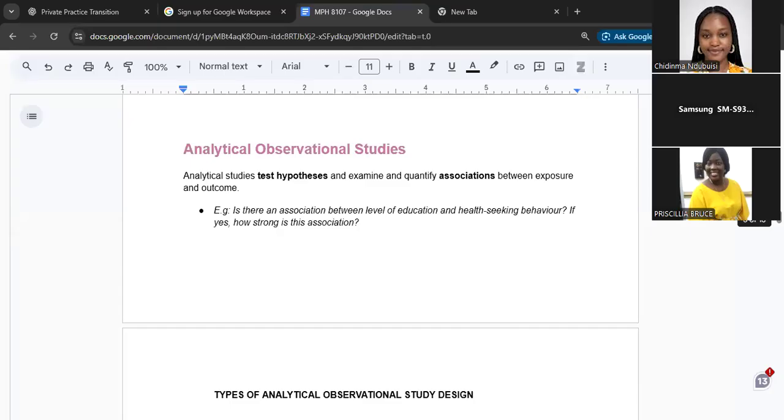Now you can begin to make some postulations, which is the hypothesis we're talking about, to say it seems there's an association. It seems there's a link, a connection between the level of education and health-seeking behavior. So it is using analytical observational studies that we will now find out whether truly there's an association.